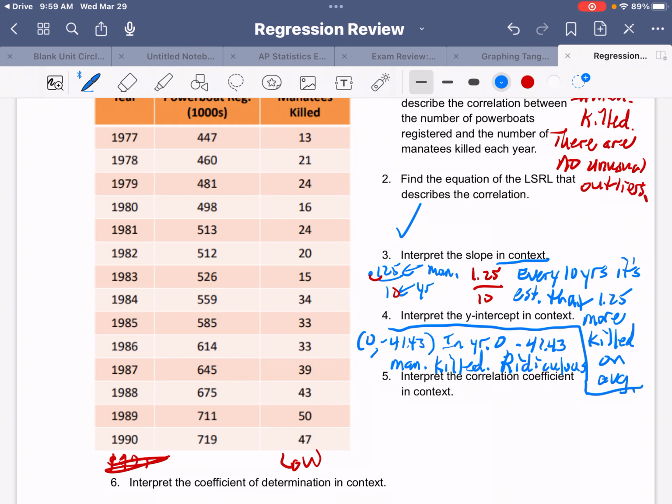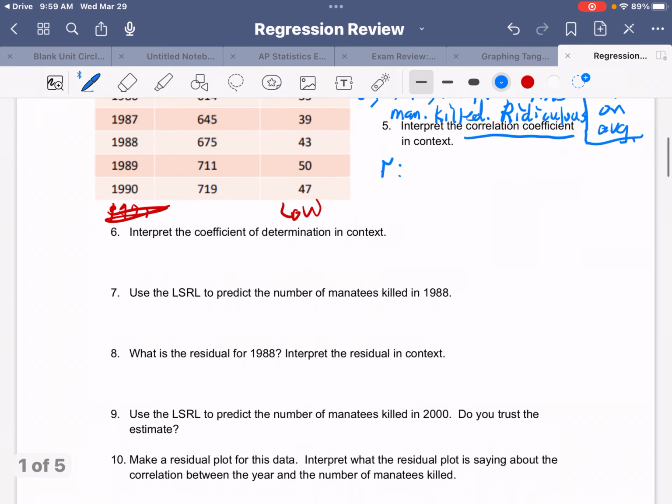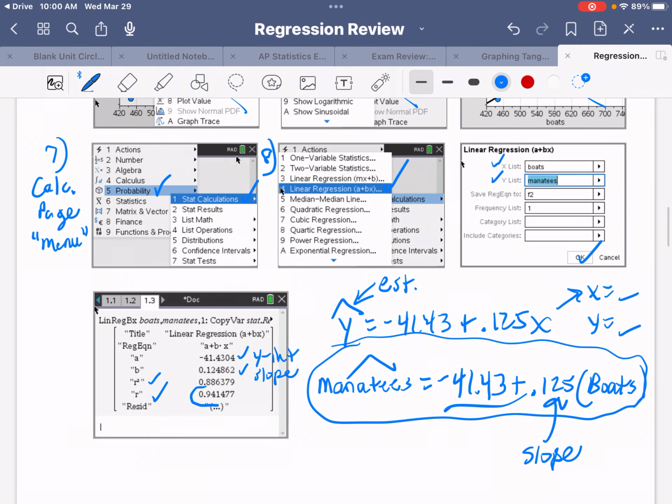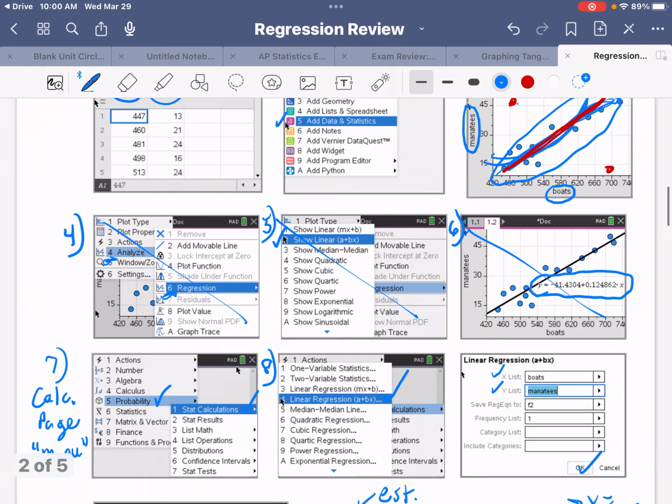Interpret the correlation coefficient in context. Correlation coefficient is R. R is the correlation coefficient, and remember, R describes the strength. So if I scroll down here, I see that R is 0.94.